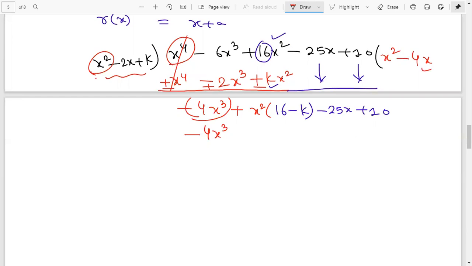All three values will multiply. First x square into minus 4x gives minus 4x cube. Then minus 2x will multiply with minus 4x, so minus times minus is plus 8x square. And k into minus 4x is minus 4kx.